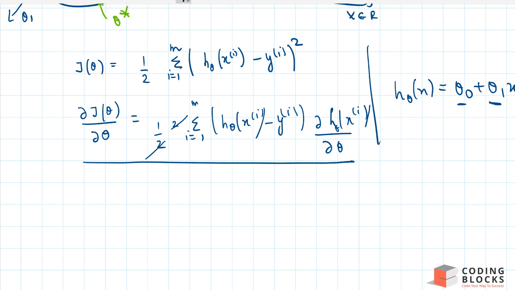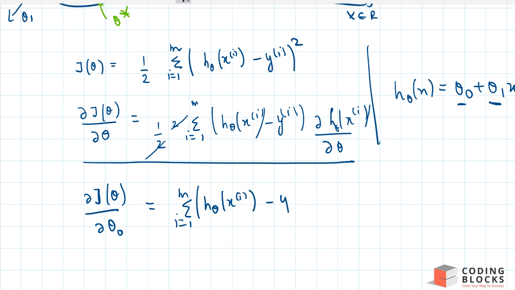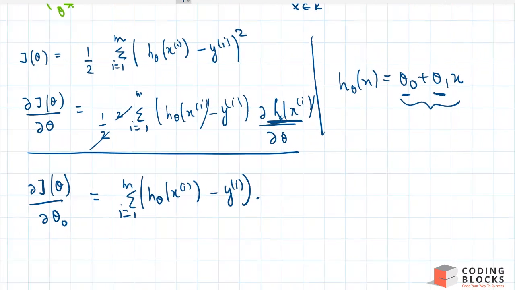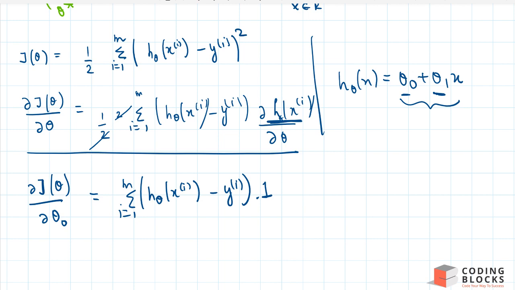So if I take ∂J(θ)/∂θ0, it will become summation i goes from 1 to m of h_θ(x^(i)), the prediction, minus the actual value, into the derivative of this with respect to θ0. The derivative with respect to θ0 is nothing but a constant, so this derivative is 1, which is x0.